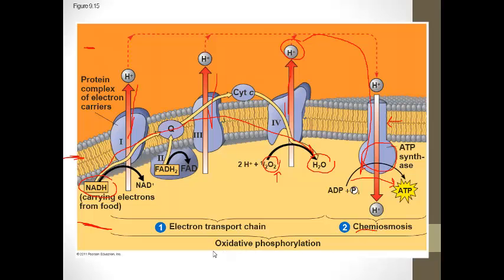This entire process, combining the electron transport chain and chemiosmosis, is what we call oxidative phosphorylation, because ultimately we're using the oxidation of NADH, and really we're using the oxidation of glucose in order to manufacture ATP. This is going to be how a bulk of the ATP is made during aerobic cell respiration.